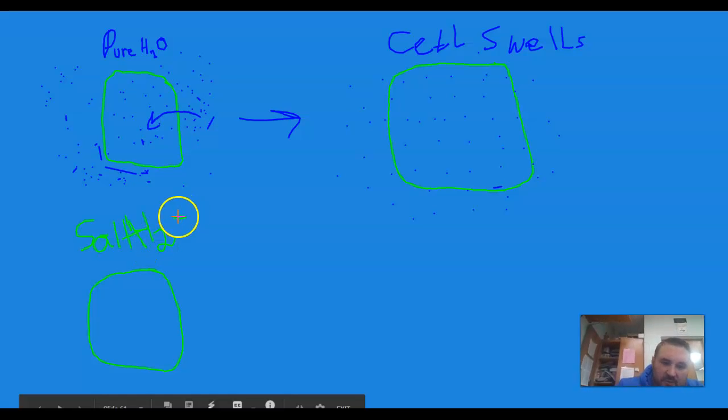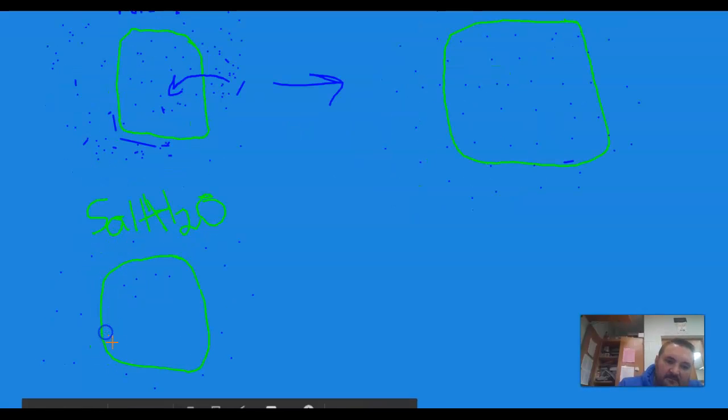Oh, you gotta gargle with salt water. You take the salt water, which has a lower concentration of water than regular water. So you have just a few dots out here, but you have lots of dots inside.